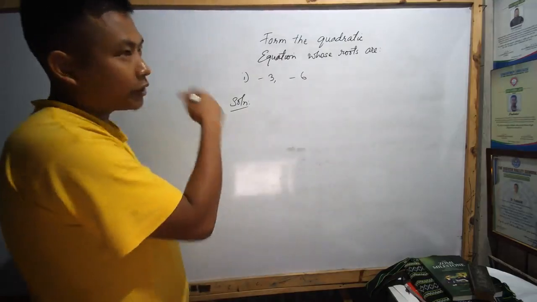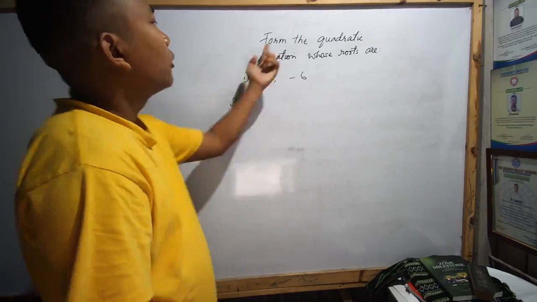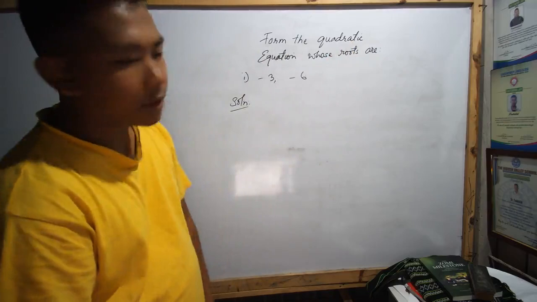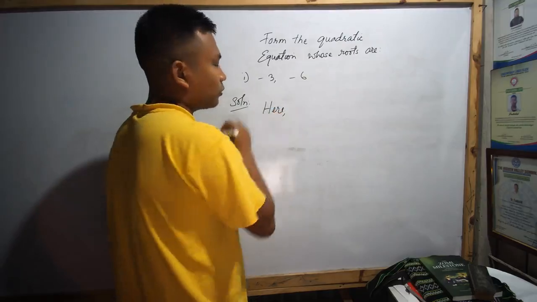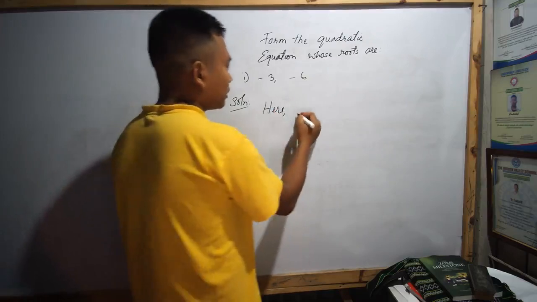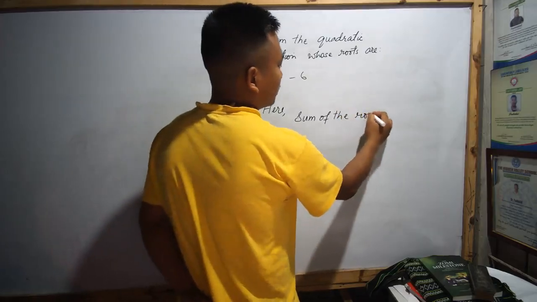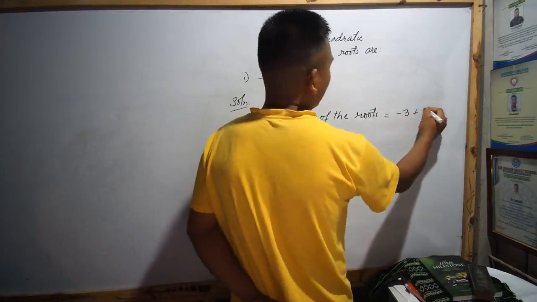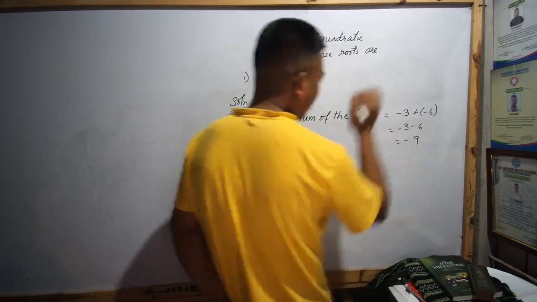Then formation of a quadratic equation. Form the quadratic equation whose roots are minus 3 and minus 6. First we need the sum of the roots and the product of the roots. Sum of the roots: minus 3 plus minus 6 will give you minus 3 minus 6, which is minus 9.